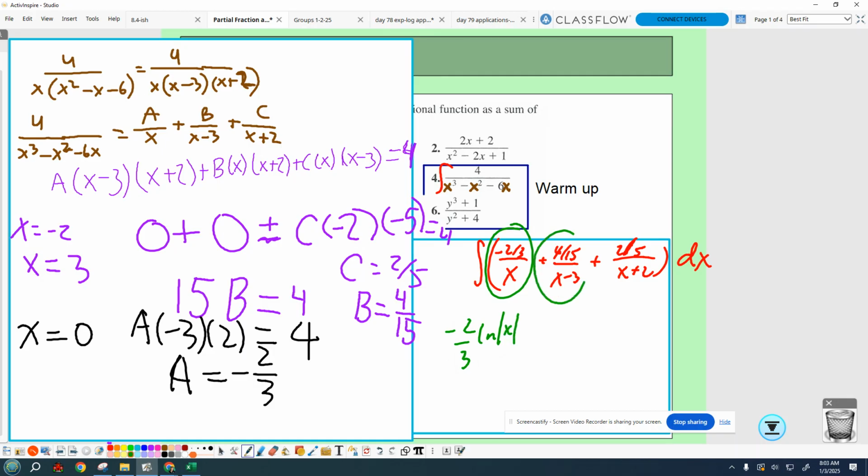Ray, what is the integral of the second one? 4/15 ln absolute value of x minus 3. And Ella and Katie, what's the integral of the last piece? 2/5 ln absolute value of x plus 2. And Ella, what's the last thing I need to add? Plus c.